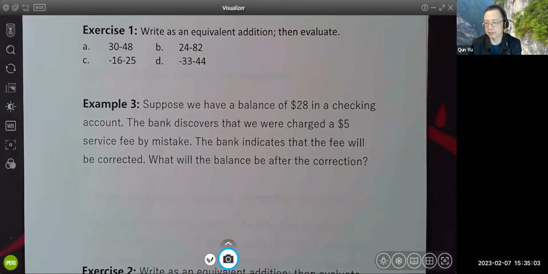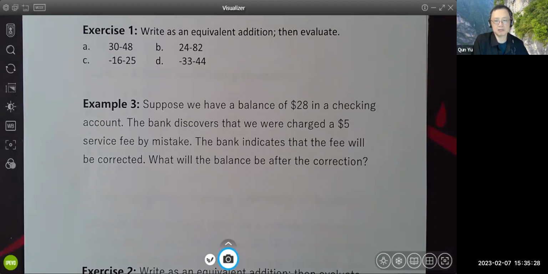Example 3. Suppose we have a balance of $28 in the checking account, that is positive $28. The bank discovers that we were charged a $5 service fee by mistake. So when you get charged, money is taken away, right? And that's going to be a negative number.